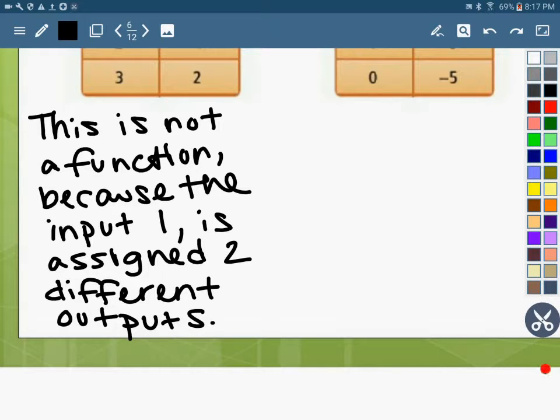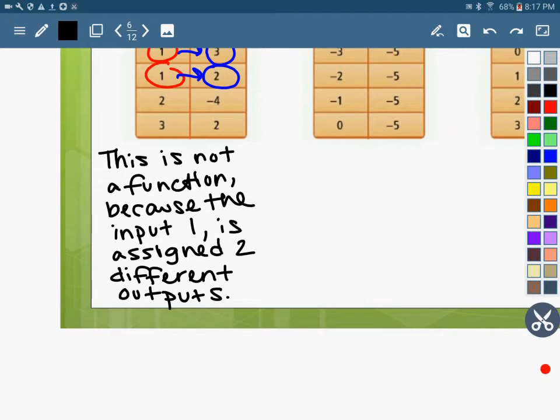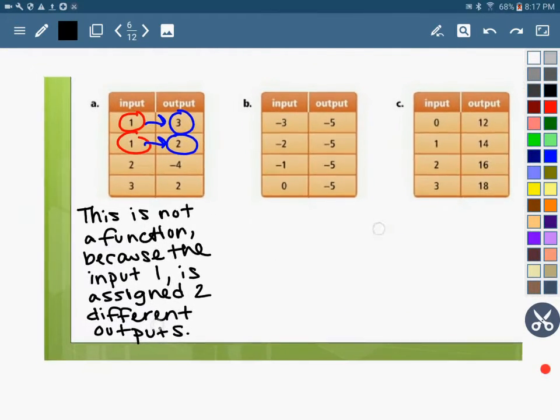That is a perfect way to phrase why something is not a function. You can even reference what the outputs are. If you wanted to say two different outputs, 3 and 2, that would also be fine. But just stating that the input 1, being specific that it's 1 that's the problem, has two different outputs would be enough in this situation.